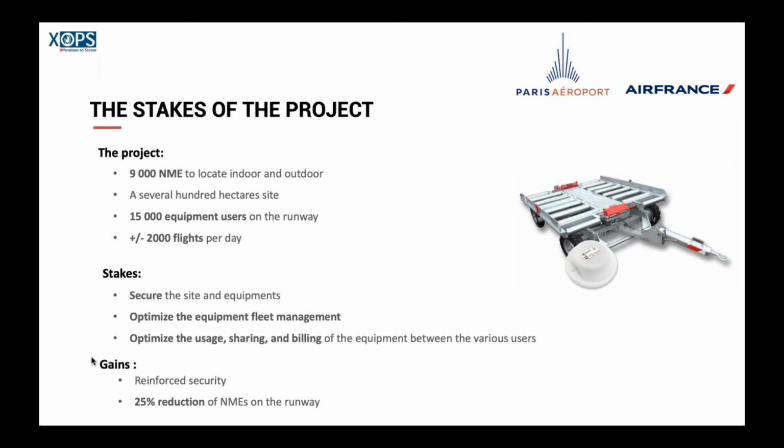With this, we can, of course, reinforce the security, and what we have seen is that we can reduce by a quarter, by 25%, the number of non-motorized equipment on the airside.